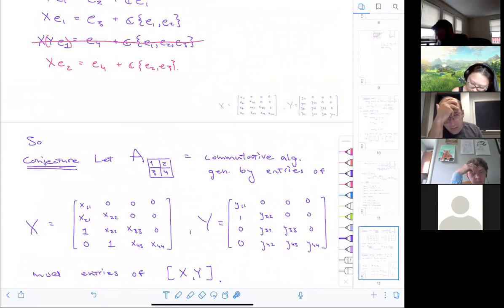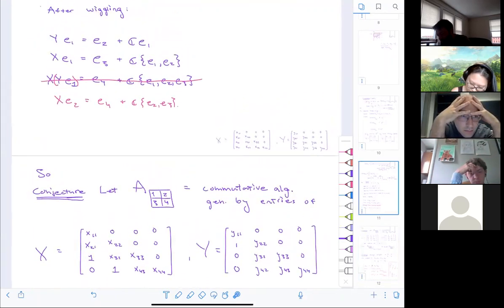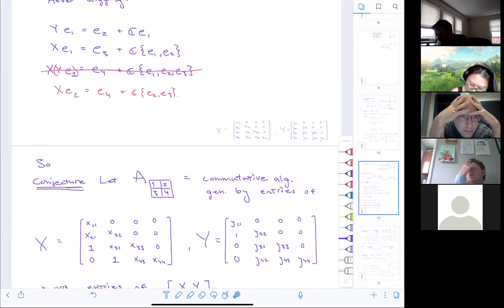It's the commutative algebra formally generated by entries of the matrices X and Y. We impose conditions on X and Y. This equation, y e1 is e2 plus some other stuff, tells us what the first column of y should be: the first column of y is e2 plus some multiple of e1.